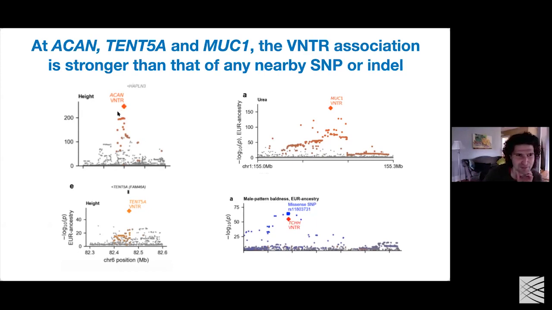These are very polygenic traits, at least height and urea are very polygenic traits. So any one locus is not going to explain a ton of variance. I think in Europeans, the ACAN VNTR explains about 0.3% of variance. For a single locus, that's absolutely huge. Yeah, it's large for height.